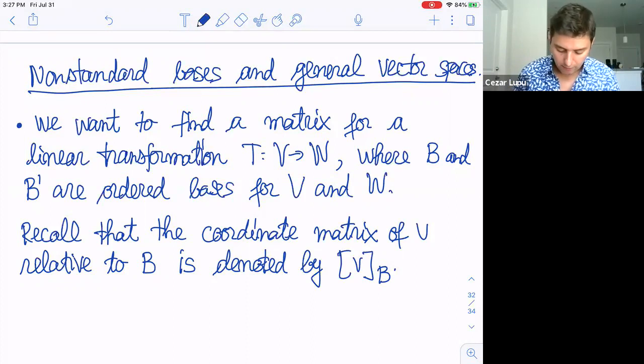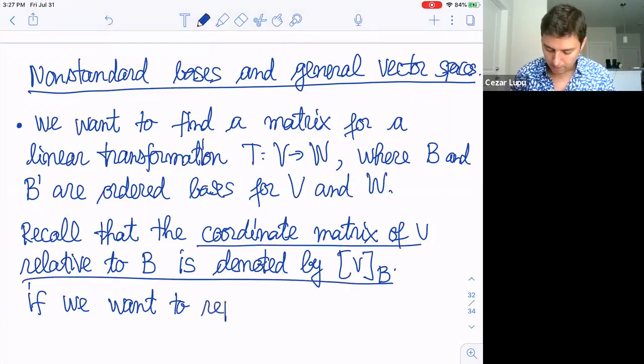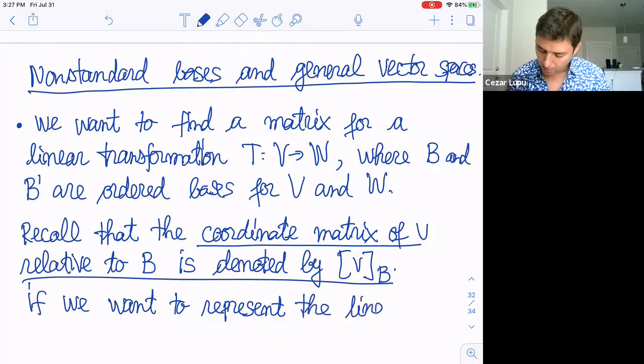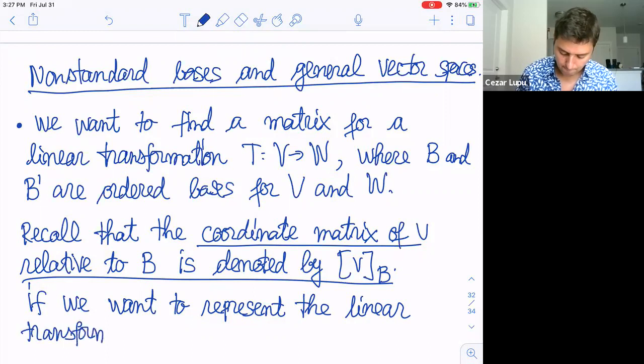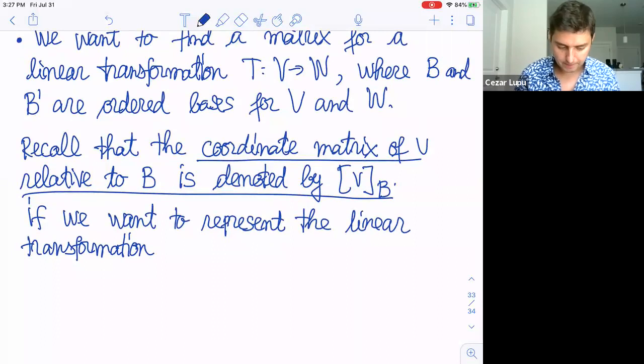And now, if we want to represent the linear transformation T, we're going to do the following.